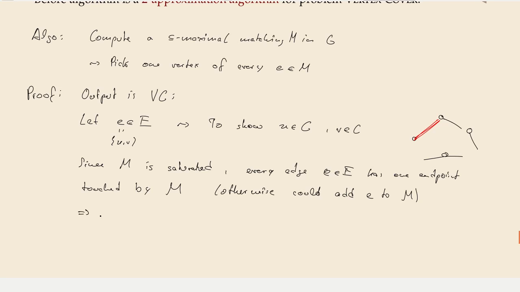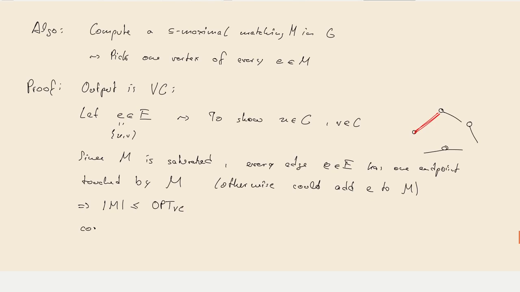So by the observation from above, that means that this gives a lower bound on the optimal size of a vertex cover, because we have to cover all of these edges.